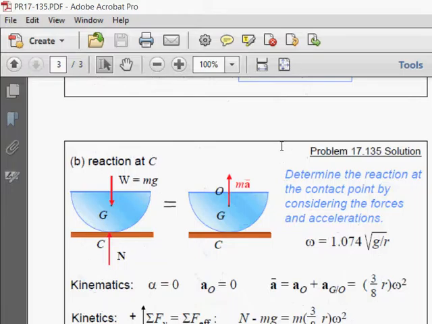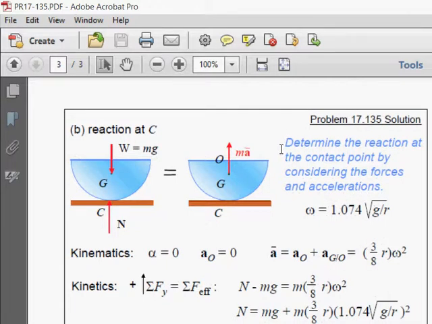So what we need to do is to calculate the reaction on B. The left hand side indicates the action, the reaction is with the normal in there, and on the right hand side you have mass times acceleration.